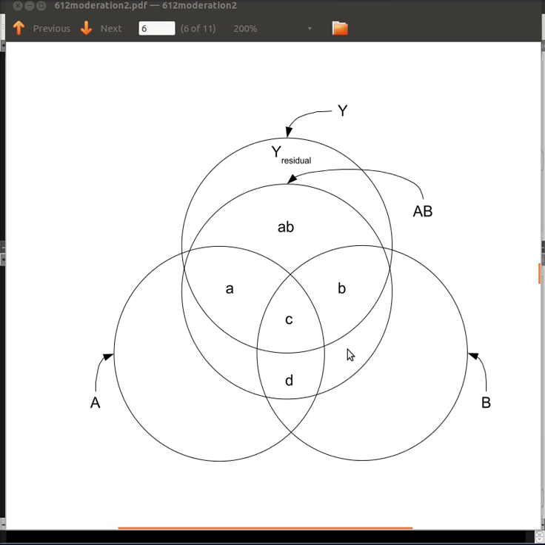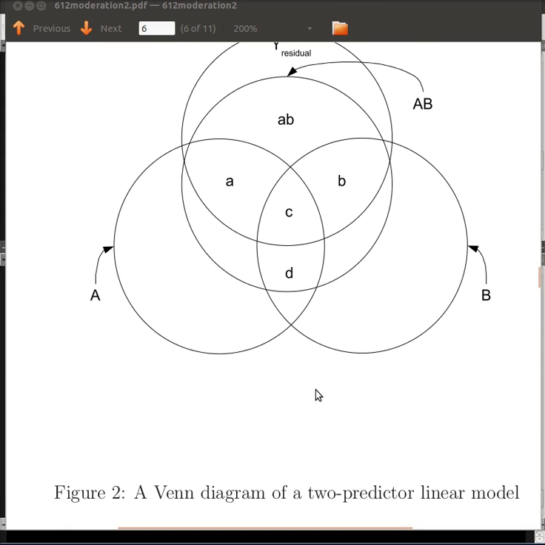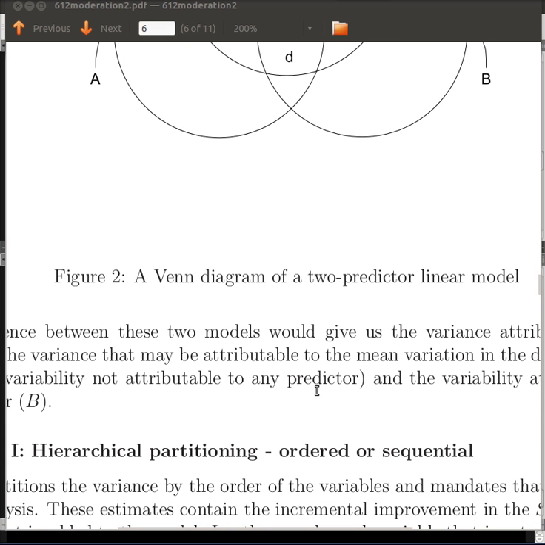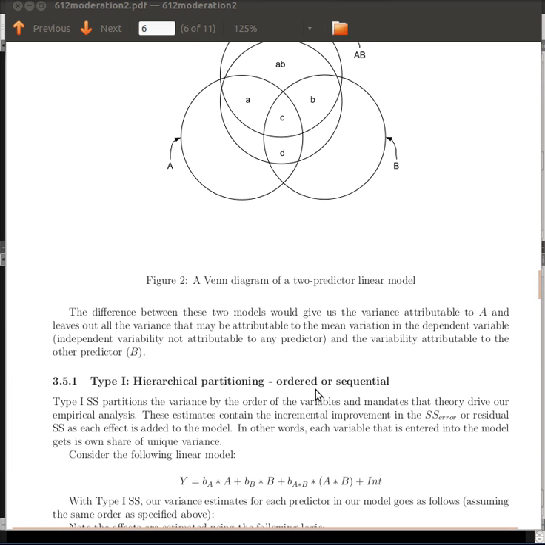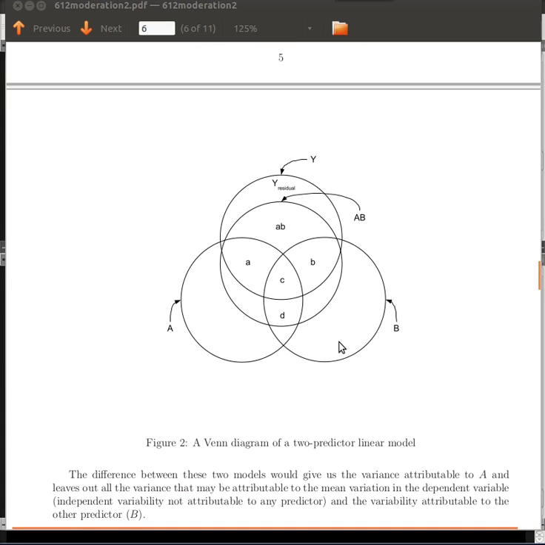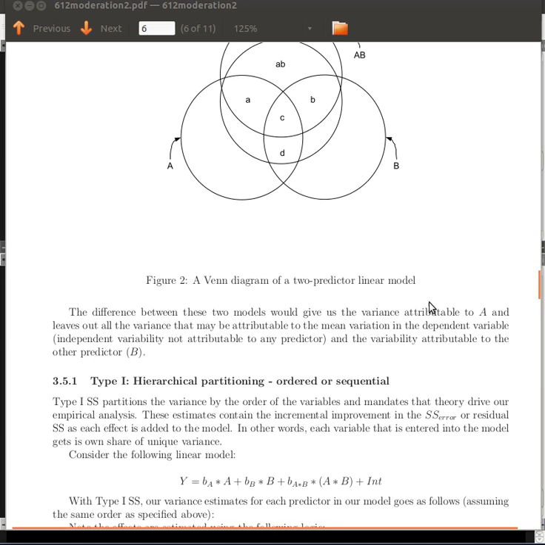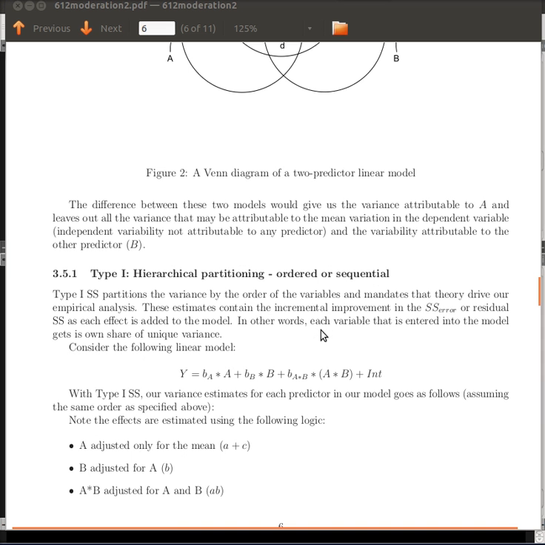It also is shifted up a little bit to make a point that may be spurious and may also be more a matter of convenience. So I'm going to zoom out here and show you that I start out with this Venn diagram, and this is a two predictor linear model with a moderation as well.